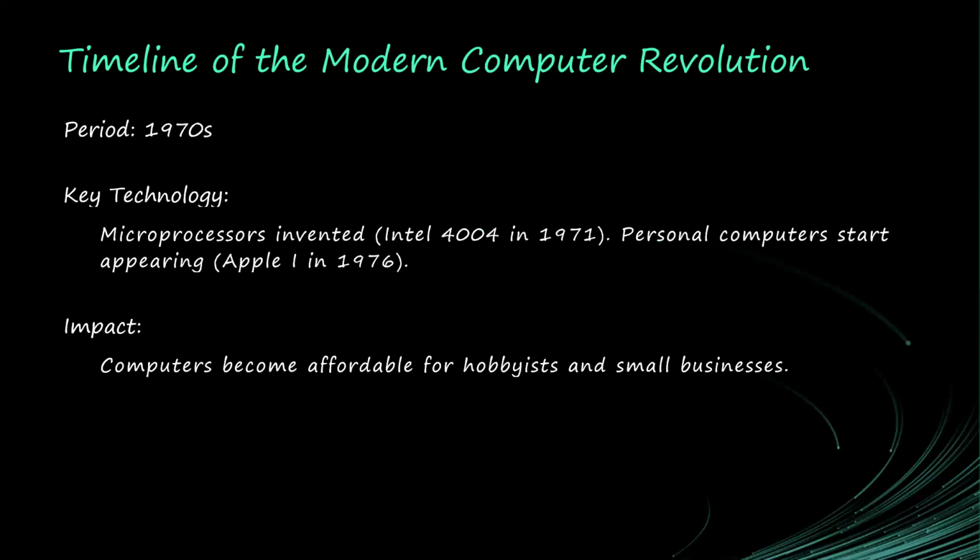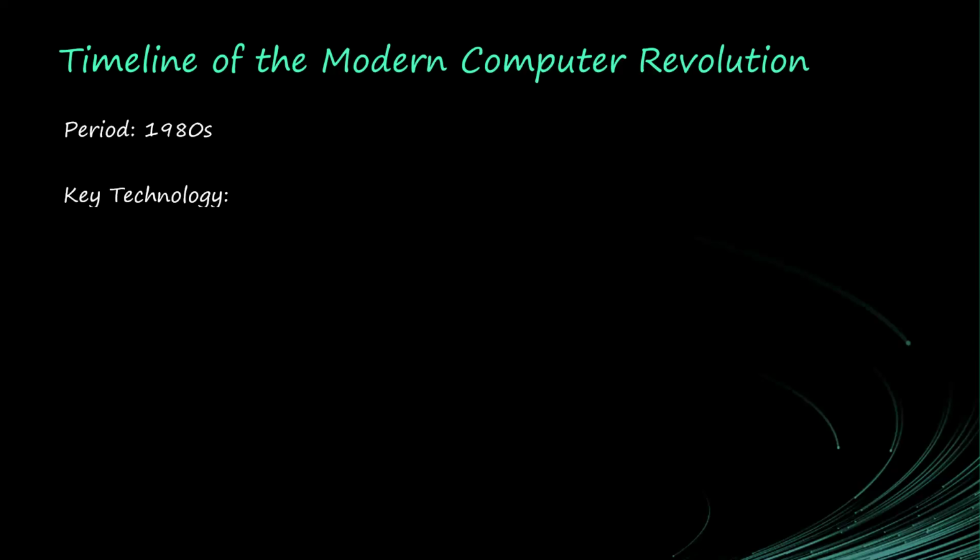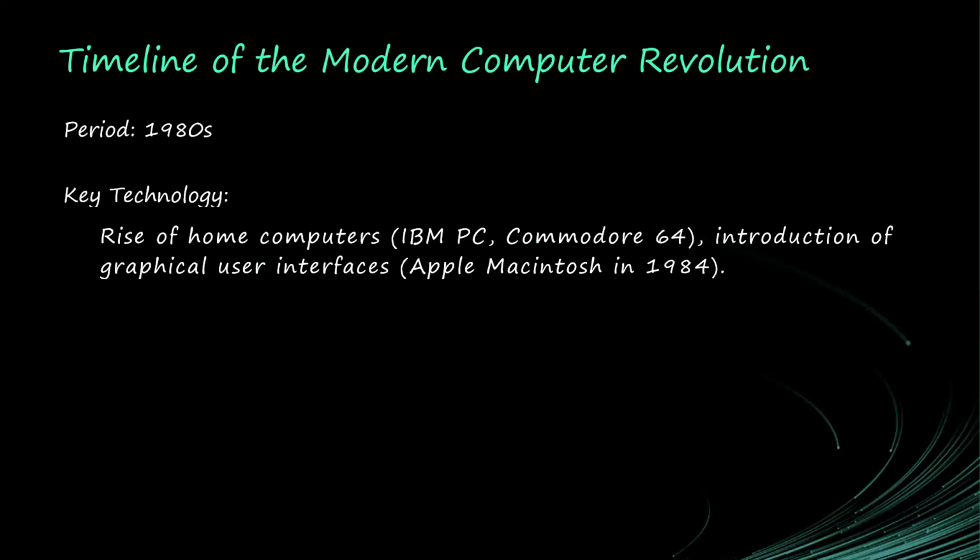In the 1970s, the key technology was the microprocessor, and personal computers started appearing. But in the 1980s, there was the rise of home computers, the IBM PC and Commodore 64, then the introduction of graphical user interfaces. When you open your laptop now or even your phone, you see programs that you can click on.